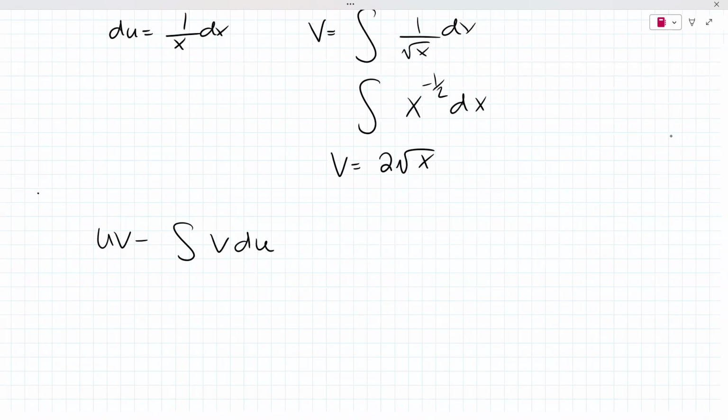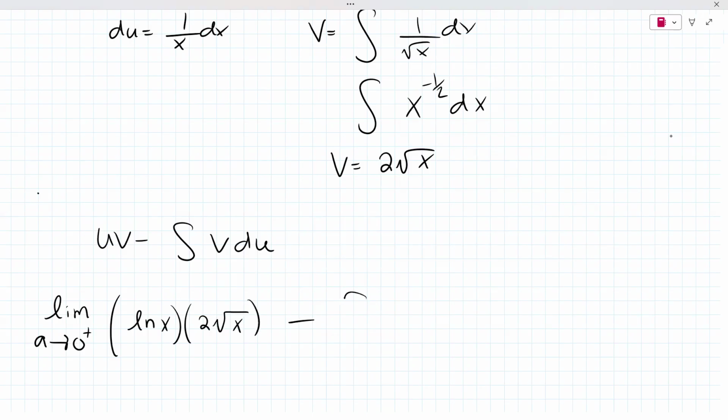So it's going to be the limit as a approaches 0 to the right of ln of x times 2 square root of x minus the integration of v du. So it's 2 square root of x and then 1 over x dx.